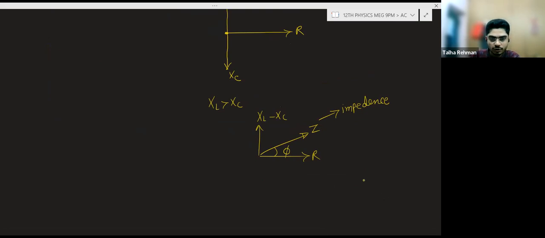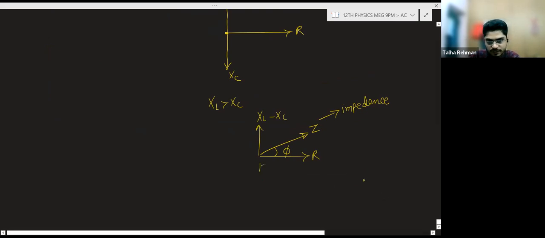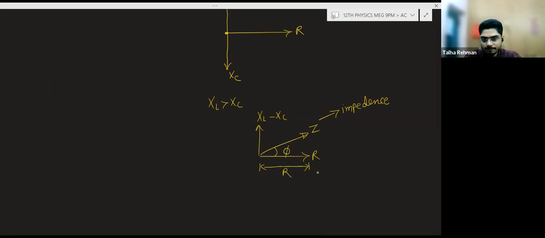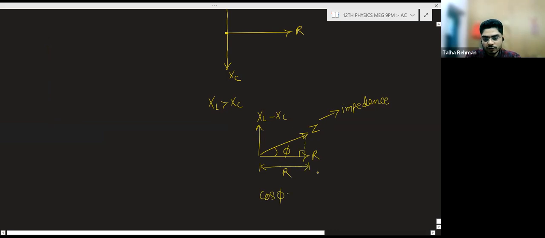So what is this distance? I have told you the length of the arrow represents the maximum value of the quantity. Now you can complete this triangle, and this is a right angle triangle. If you want to find cos phi, cos phi is given by base by hypotenuse.